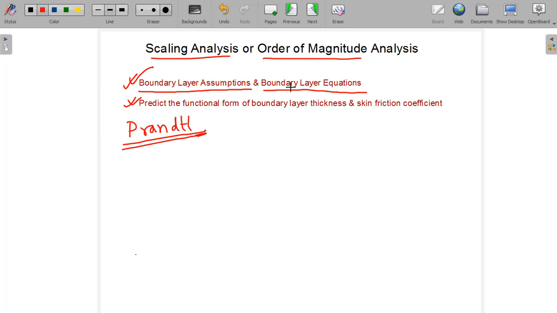At that time it was very difficult to solve the Navier-Stokes equation because numerical techniques were not so developed. Even analytically, today the Navier-Stokes equation is not possible to solve, but with numerical analysis it is not a very difficult task nowadays to get the solution.